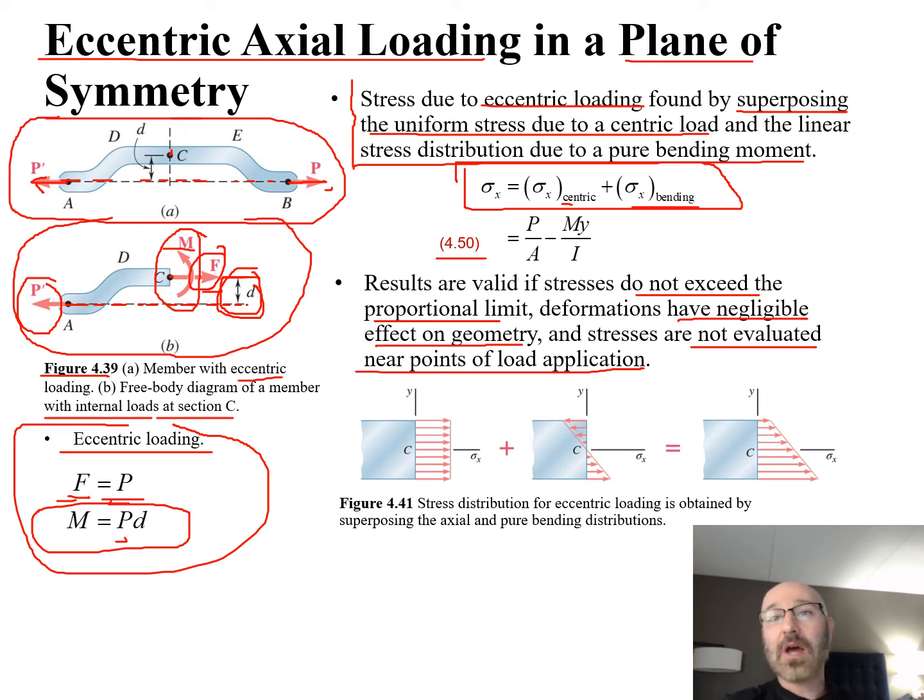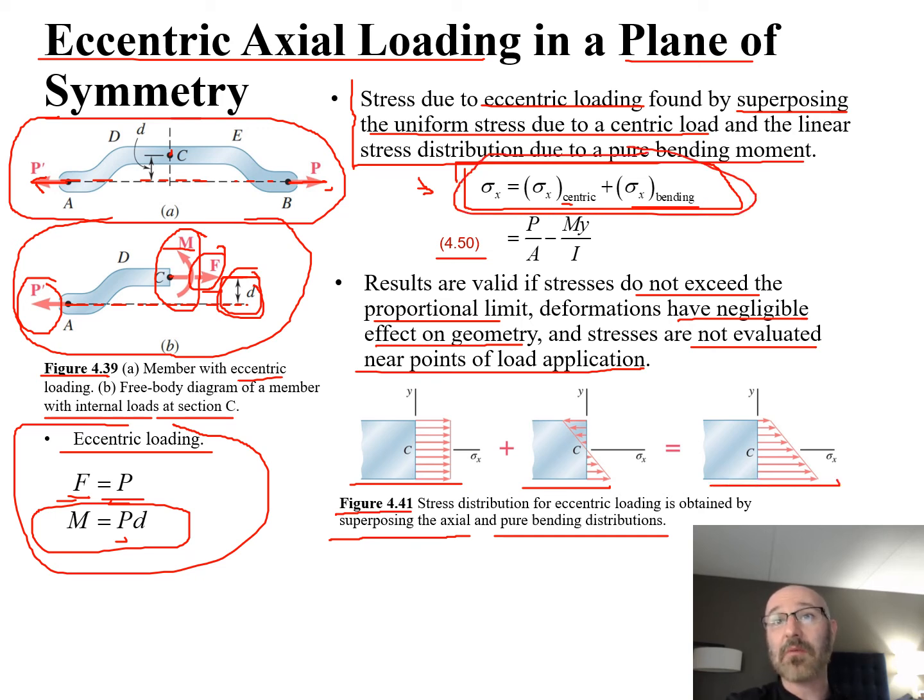And now we can go down to figure 4.41, where we can see these stress distributions for eccentric loading obtained by superimposing the axial and pure bending distributions. So again, we can go back up to this governing equation and say, okay, there we have our sigma sub x for our centric, sigma sub x for our bending, is equal to our sigma sub x for this general governing equation.